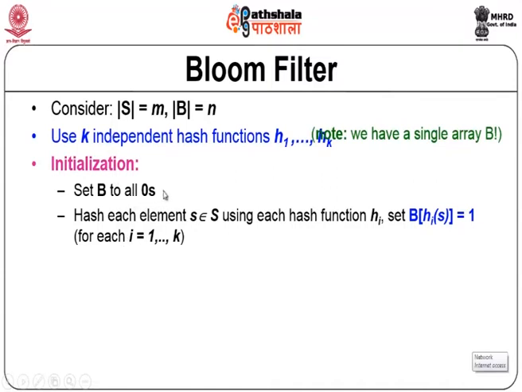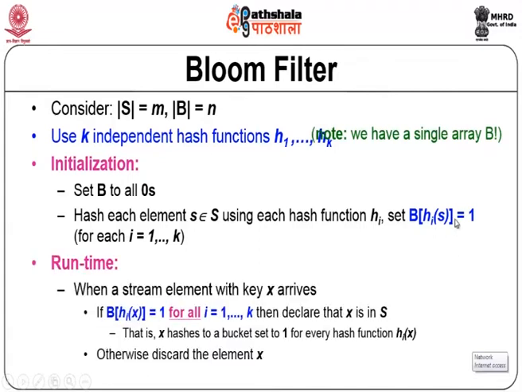So, all the bits in the binary array will be initialized to 0. Every element from the set S will be hashed using a hash function hi. So, when you provide the element S to the hash function hi, if it results in a value 1, then you are going to set that particular element into the bucket. In other words, you consider that particular element, else you are going to ignore the element.